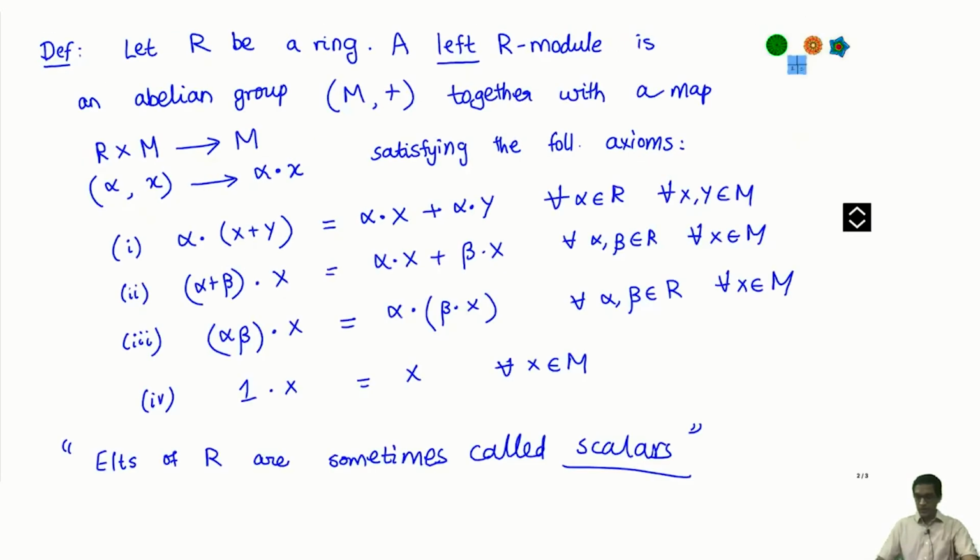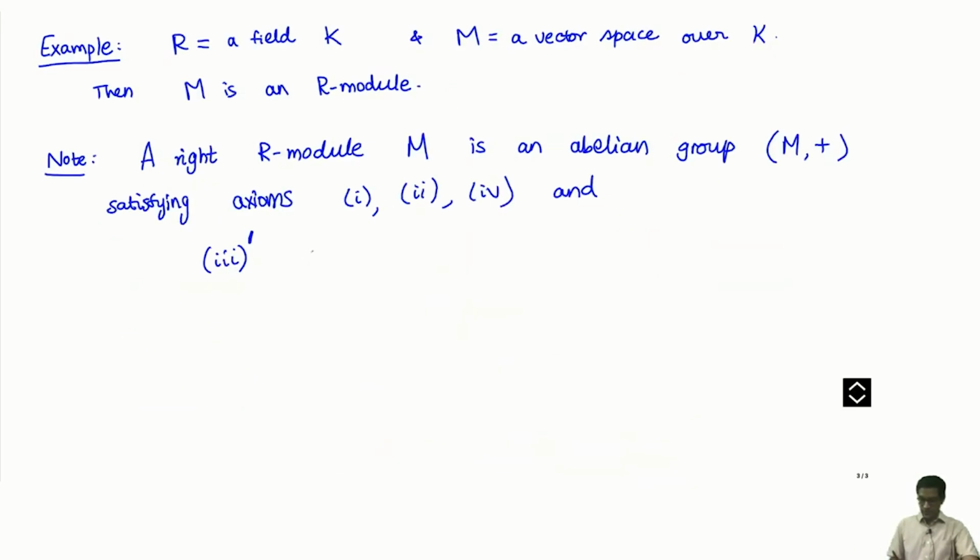Let's go back and look at what axiom 3 said. Alpha beta acting on x, the scalar multiplication, should be alpha dot (beta dot x). Now 3 prime is the following: if I take the product of two scalars alpha and beta and act it on x, then I demand that the answer should be beta acting on (alpha dot x).